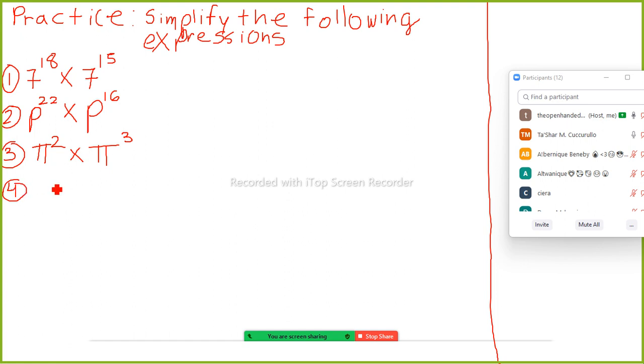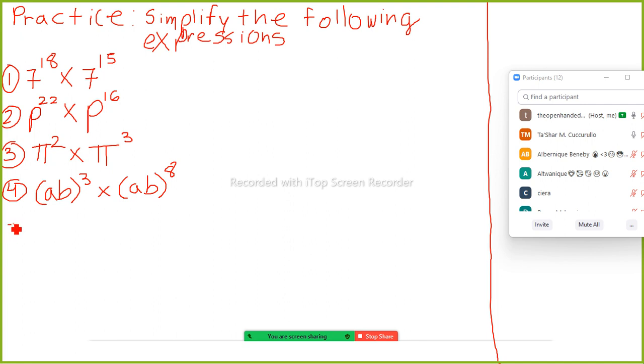The fourth one, what if we have, let's say, this is a nice one, ab to the power of 3 multiplied by ab to the power of 8.